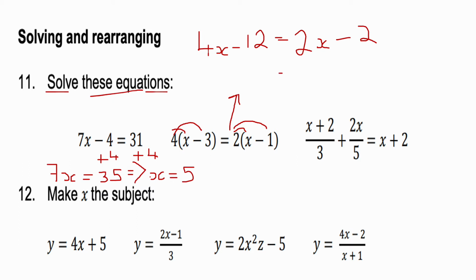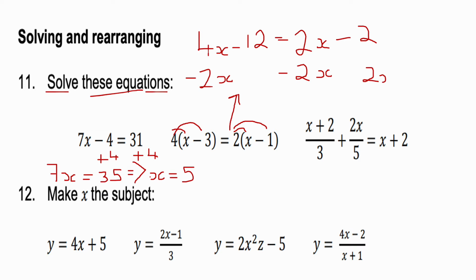I'm now going to subtract 2x on both sides of my equation to balance it, because I want to get all the x's on one side of my equation and all the numbers on the other side. 4x take away 2x is just 2x.